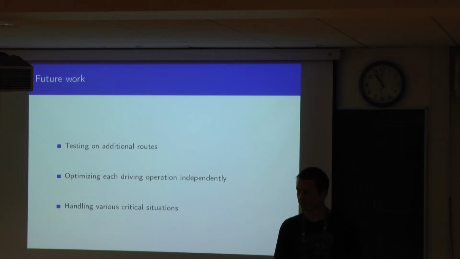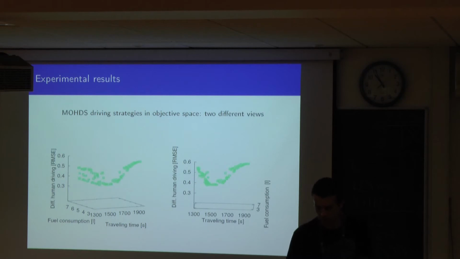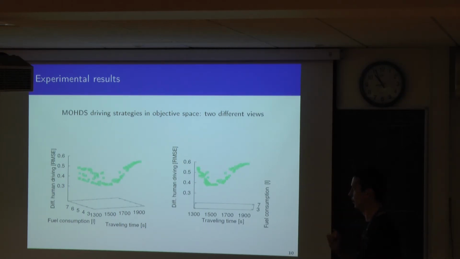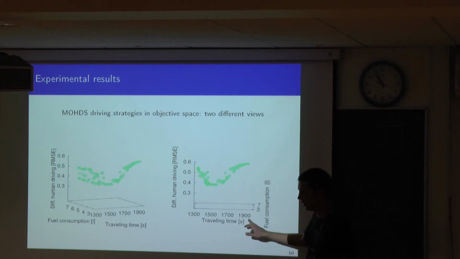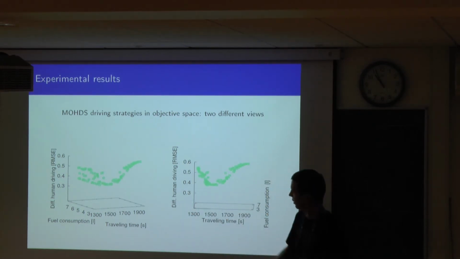Any other question? Can you show the similarity with human driving? This one? It seems pretty different, right? This is the objective space. You see, this is the measured traveling time, the fuel consumption, and the third objective.